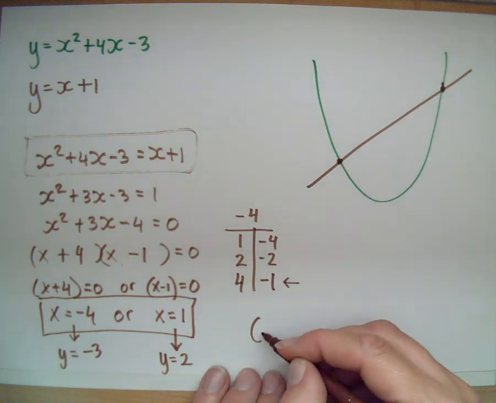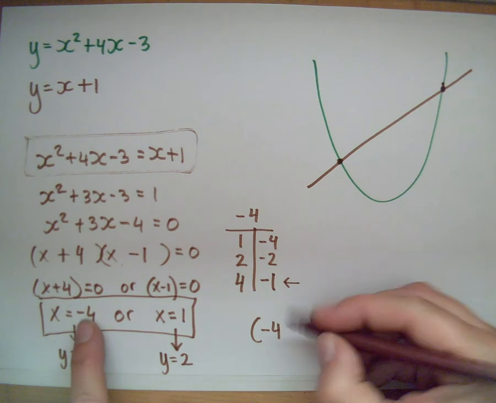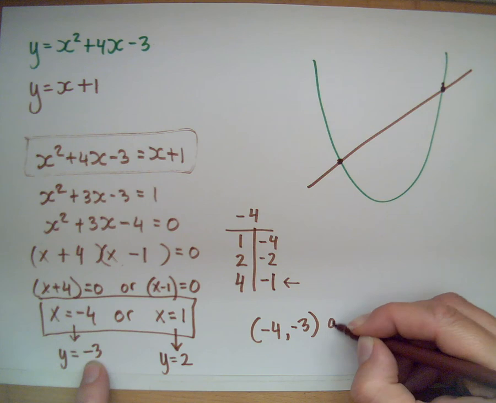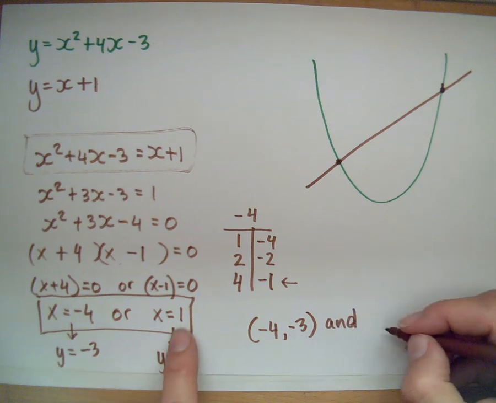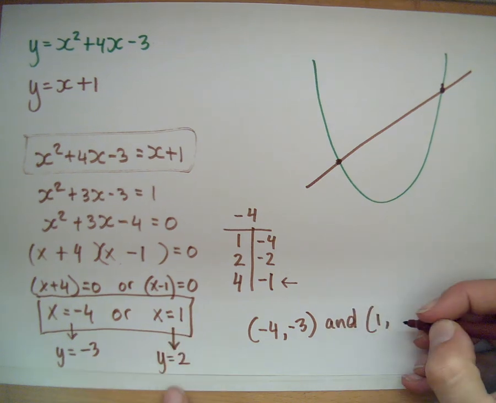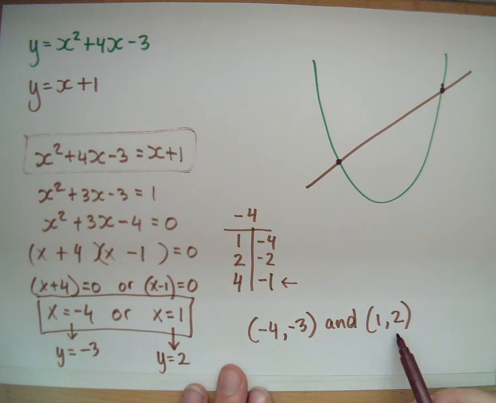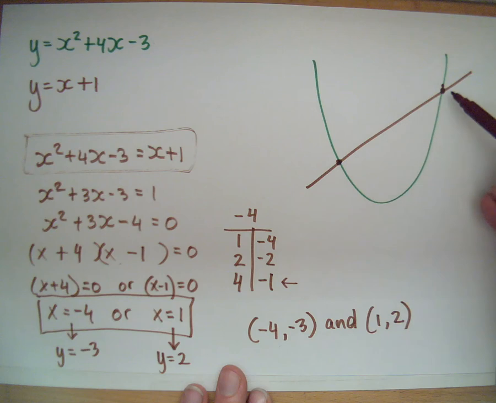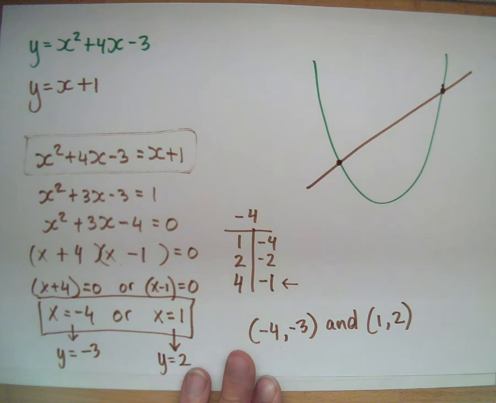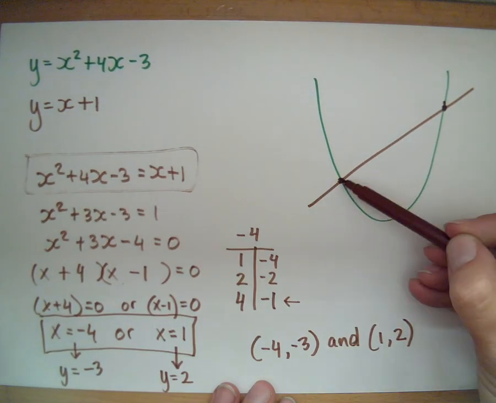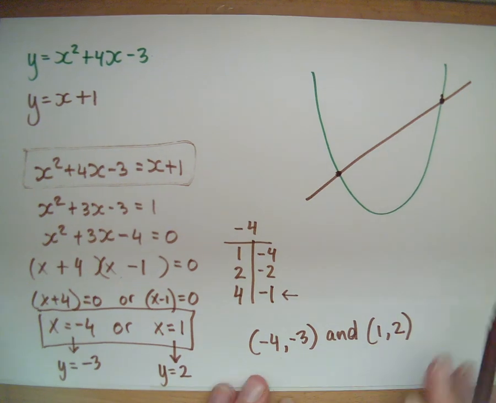One of them would be (-4, -3). And the other one is where x is 1 and y is equal to 2. These are the two coordinates where these lines intersect, right? It happens twice that the lines' y values and x values are equal.